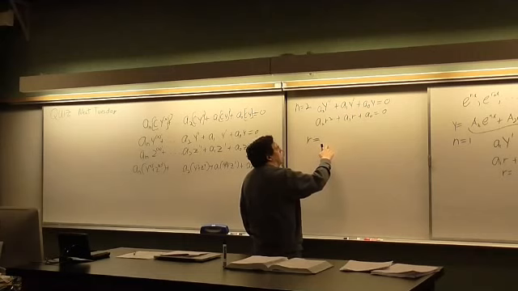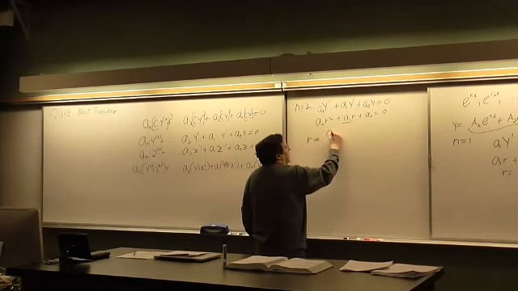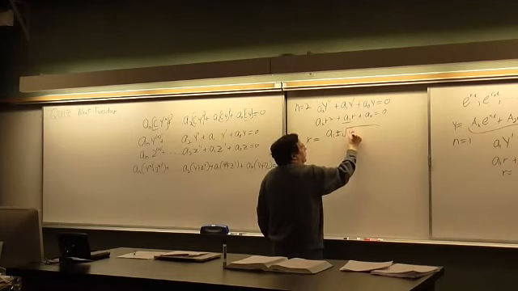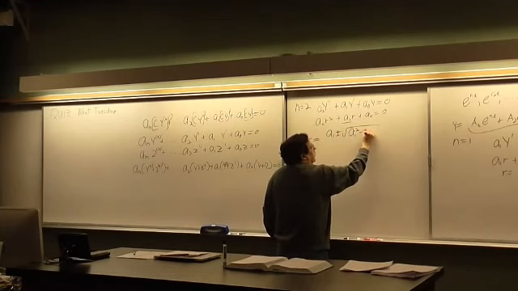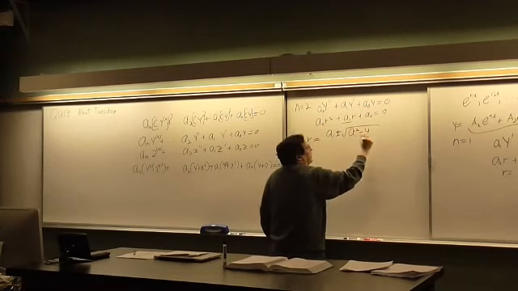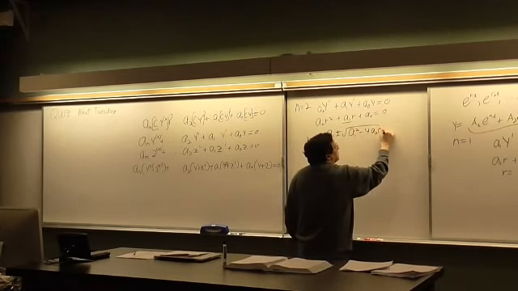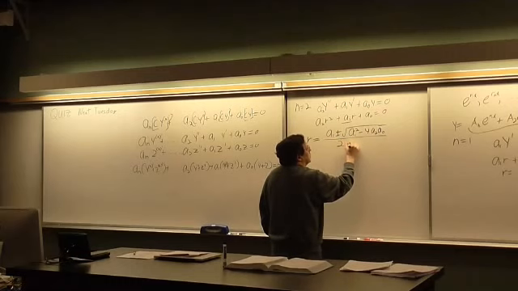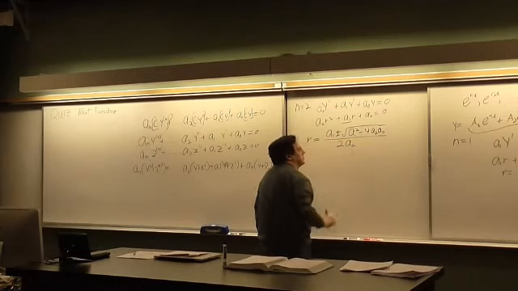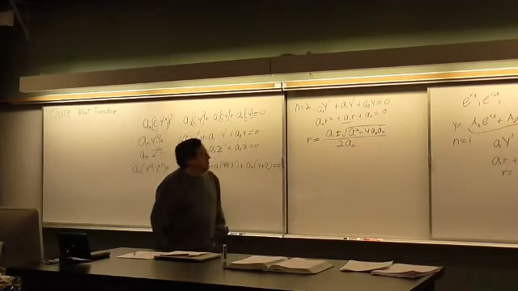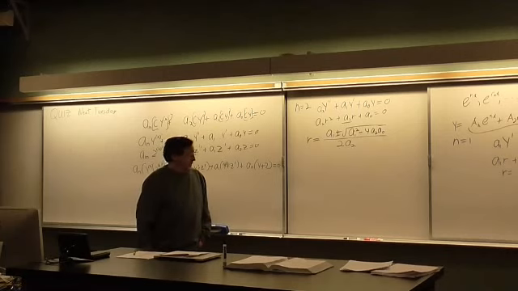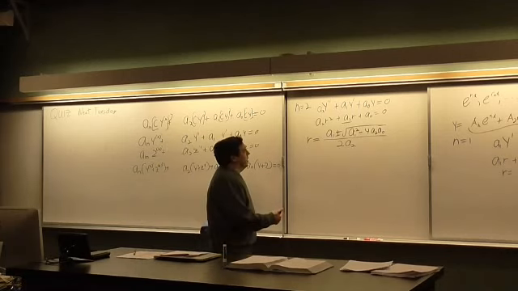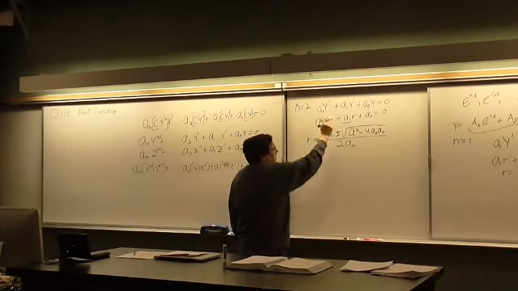The quadratic formula says the solution is negative b, which is this guy, plus or minus the square root of b squared minus 4ac, all over 2a. So we could write the general solution to this without knowing any of these constants.